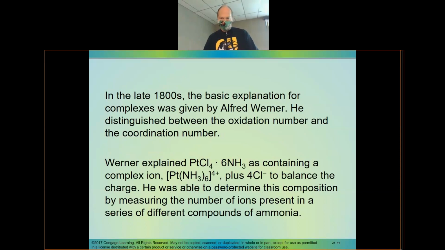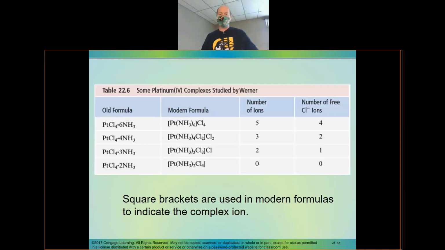All right, so they would know that it has 4 chlorines and 6 ammonia groups, but to find out the actual composition, the actual structure of this, they did a test for the i value, so the number of ions in solution. All right, so that's your i value.